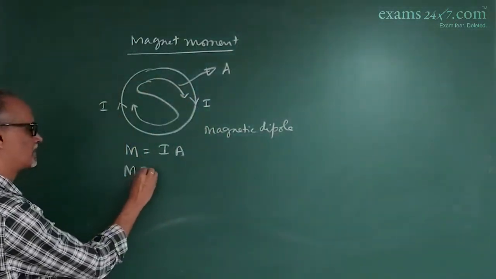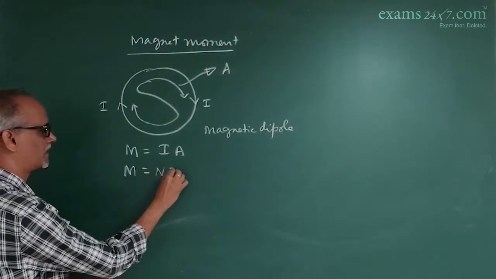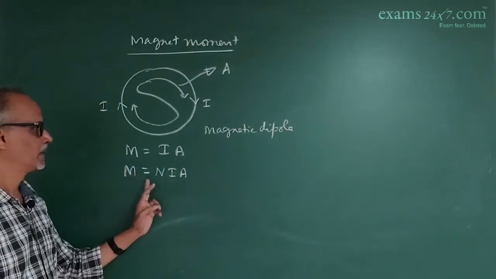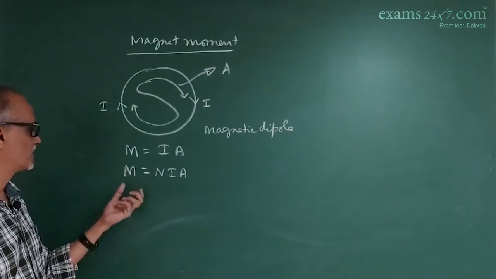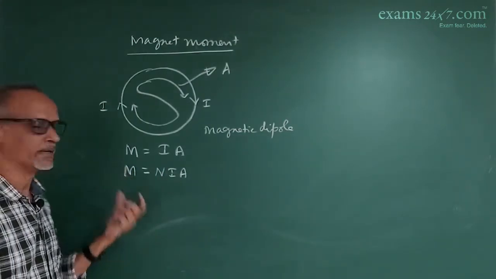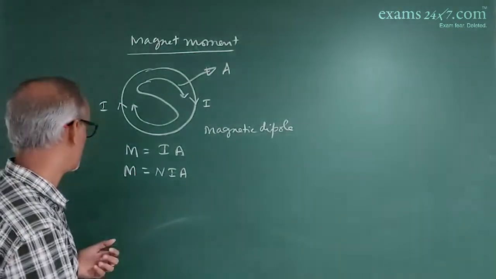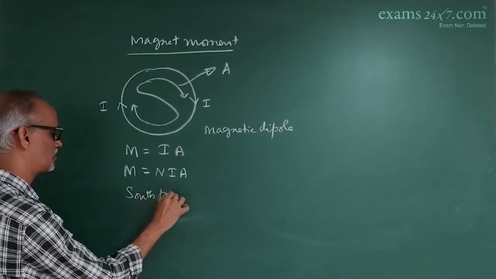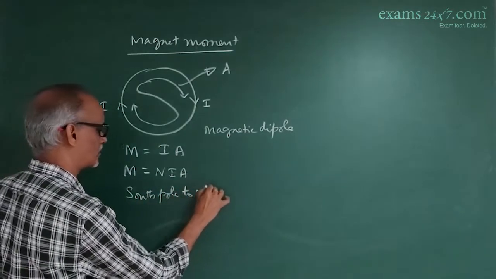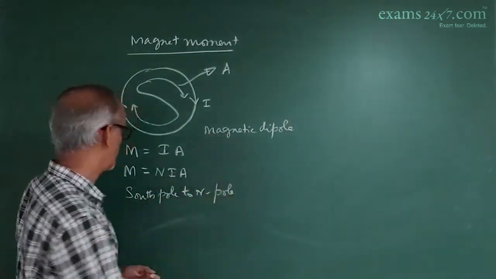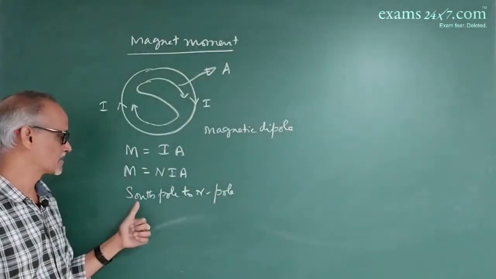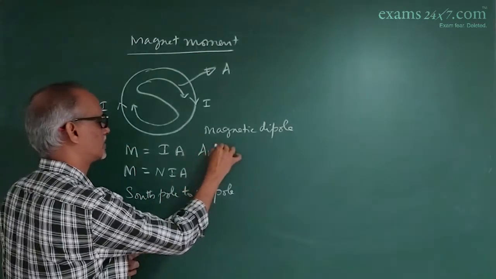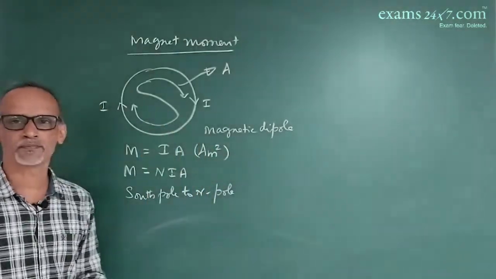But if there are a certain number of turns, then we can write M is equal to N I A. So that is how we can find the magnetic moment, and it's a vector quantity. It is always directed from south pole to the north pole. It's a vector directed from south to north pole. Current into area, so ampere meter square is the SI unit of magnetic moment.